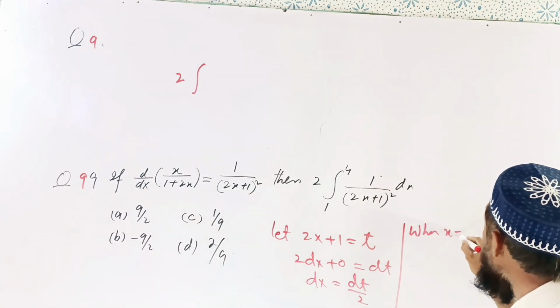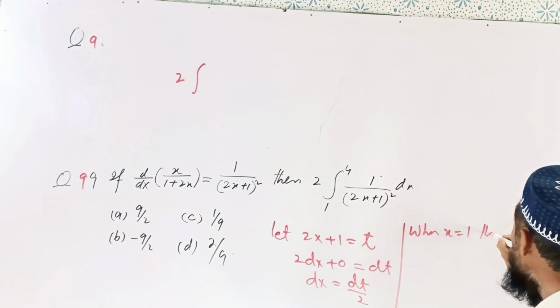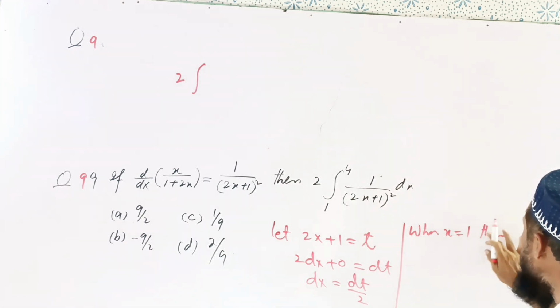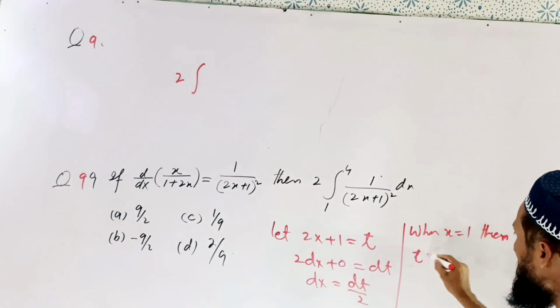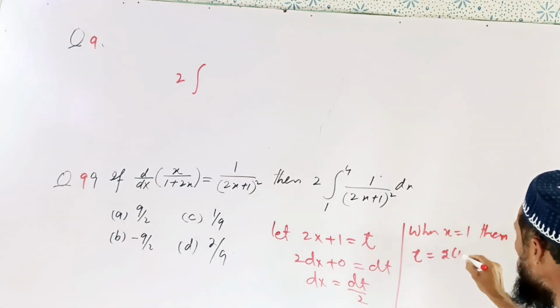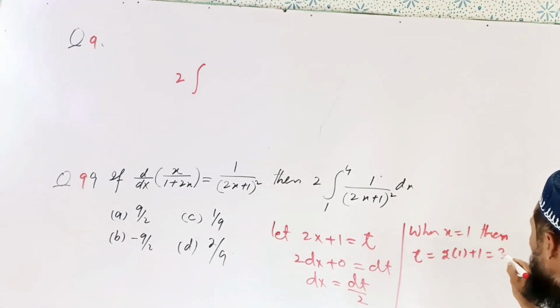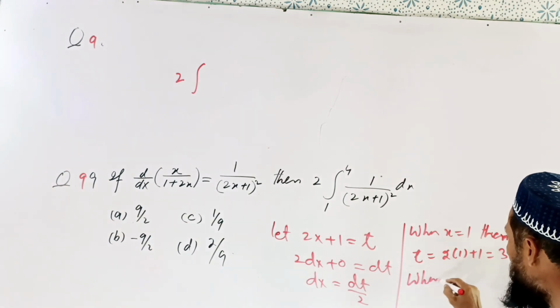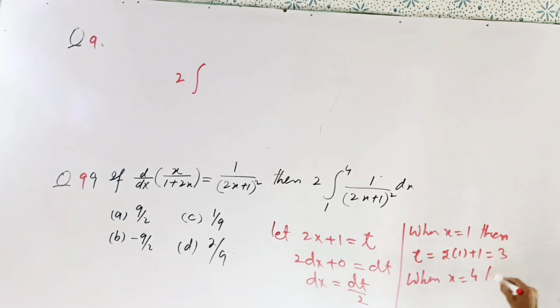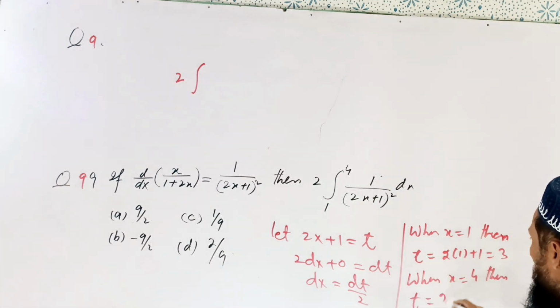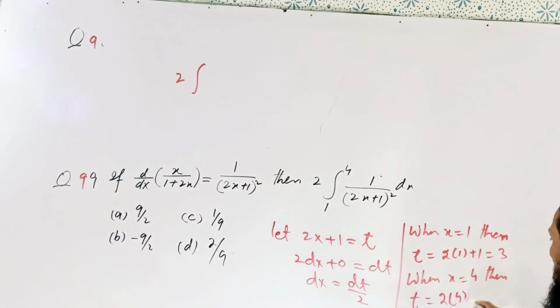When x is equal to 1, what is the result of t? T is equal to 2 into 1 plus 1, which is 3. When x is equal to 4, t is equal to 2 into 4 plus 1, which is 9.